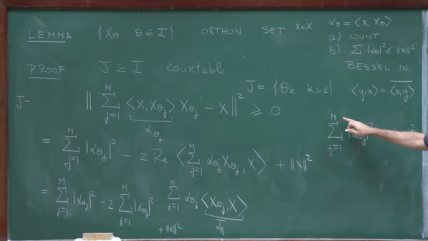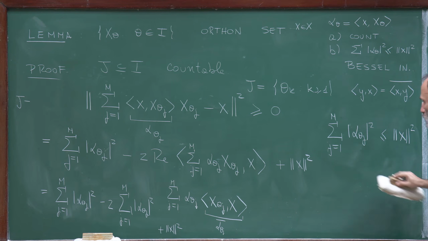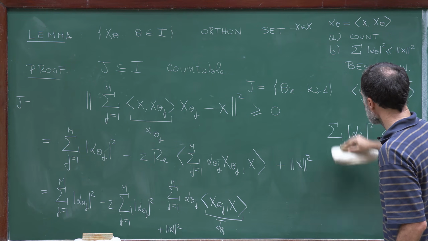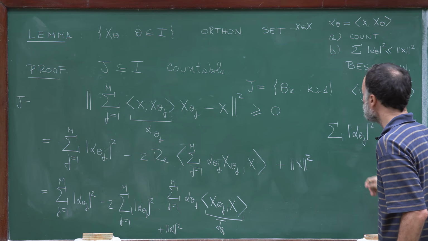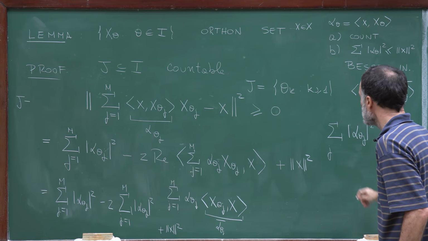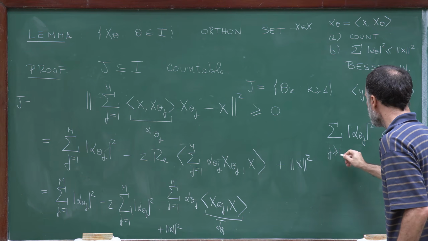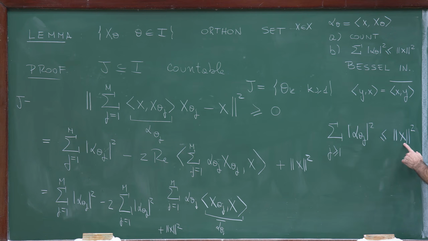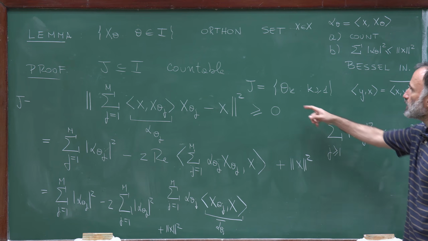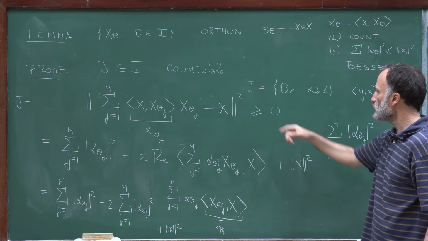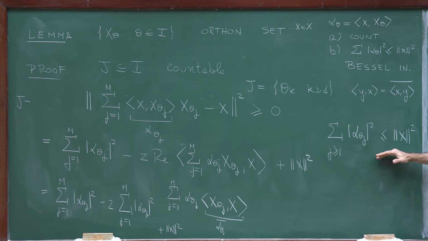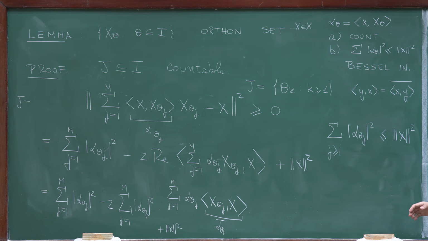So this holds for any m. We can send m to infinity to conclude that the sum for j larger than 1 of alpha theta j squared is always bounded by the norm of x squared, whatever countable family theta j we choose. So this is the first estimate in the proof of this lemma.